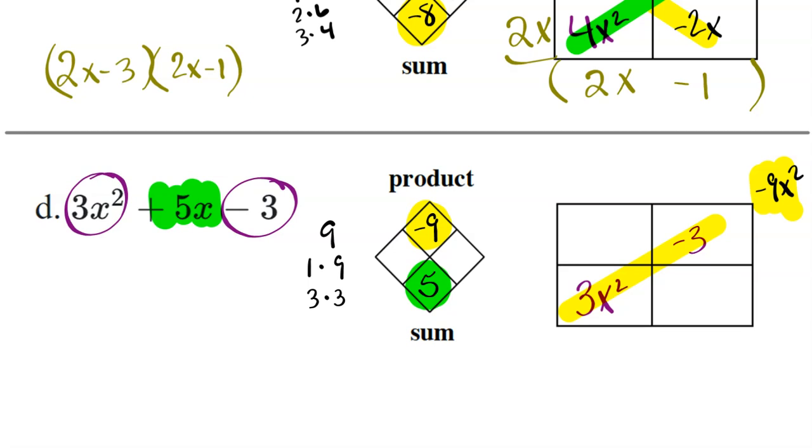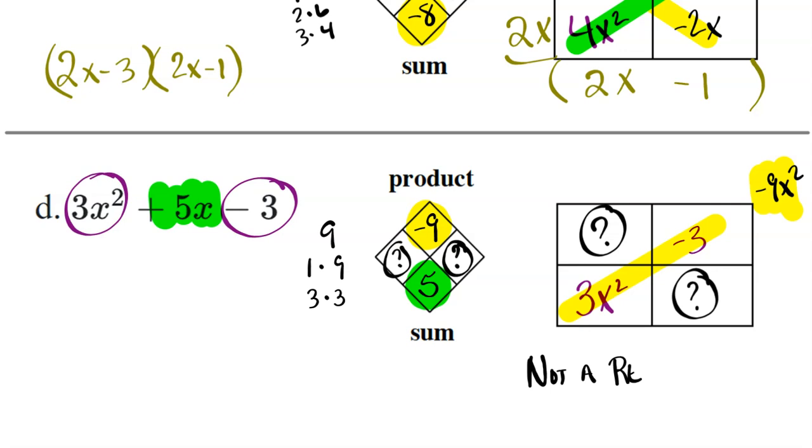So we're kind of stuck, because I don't see anything else for 9. And so 3 and 3, 3 and negative 3, negative 3 and negative 3, it's not going to work. Doesn't matter what happens. So we got a problem. We don't know what those are, and so we can't get this, which means this is probably not a rectangle.